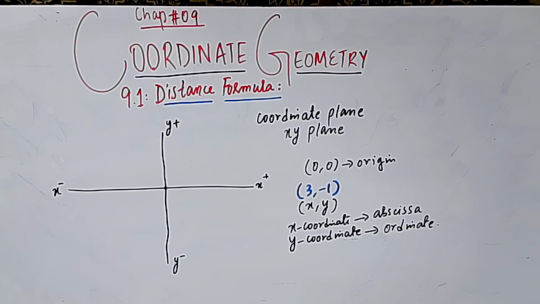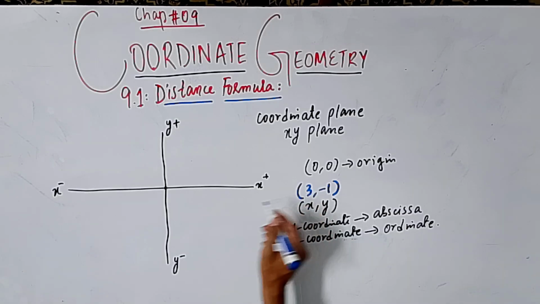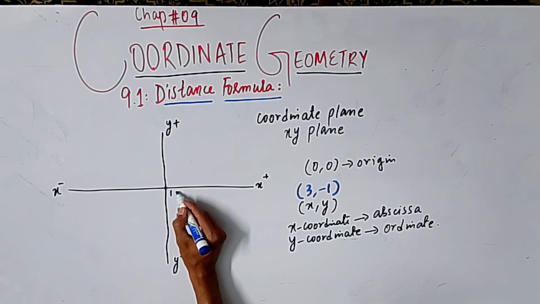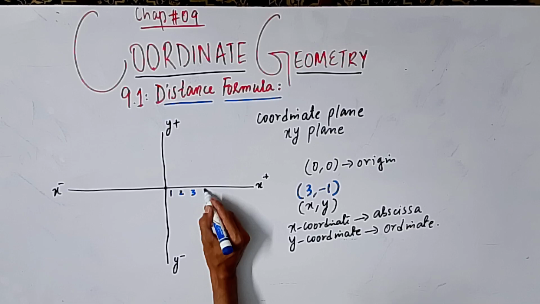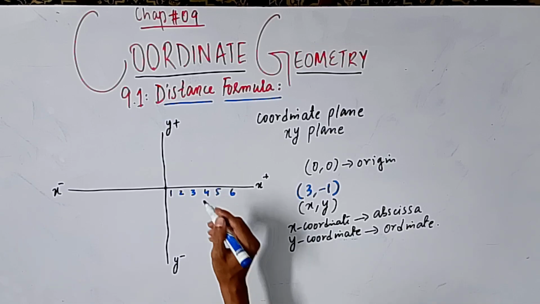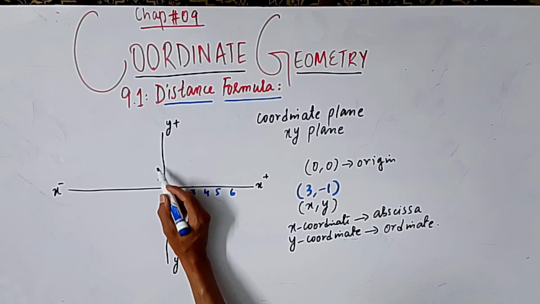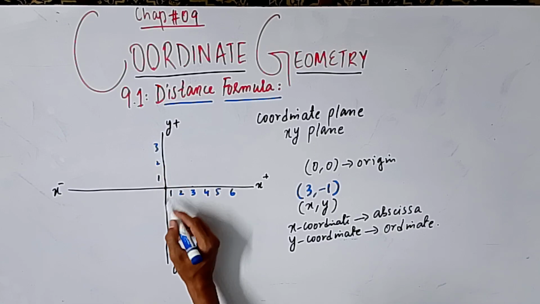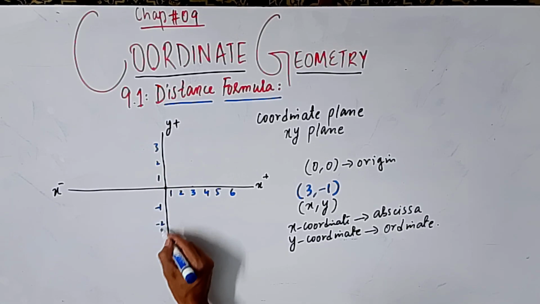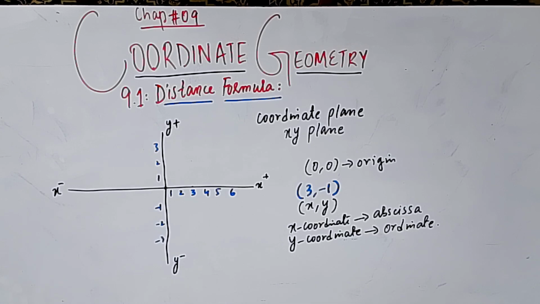3 is the value of x and it is positive, so it must be over here. For example, if the scaling is like this, it must be 3 over here, and minus 1 means that it will not be over here, it will be over here. So this is 3 comma minus 1.